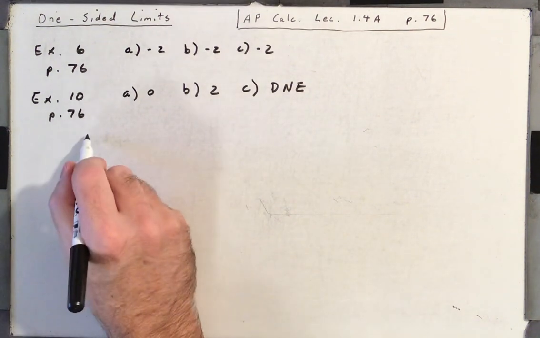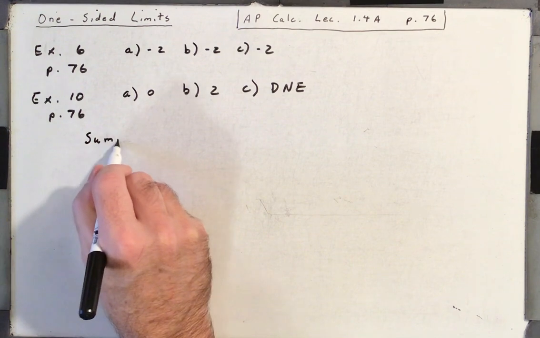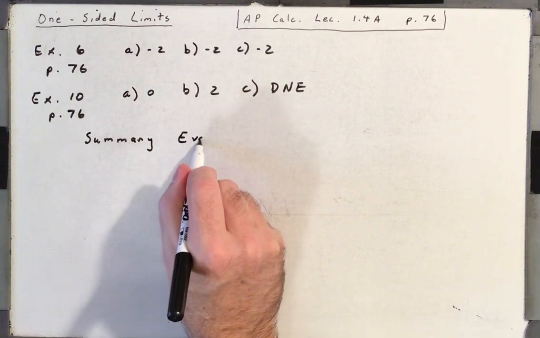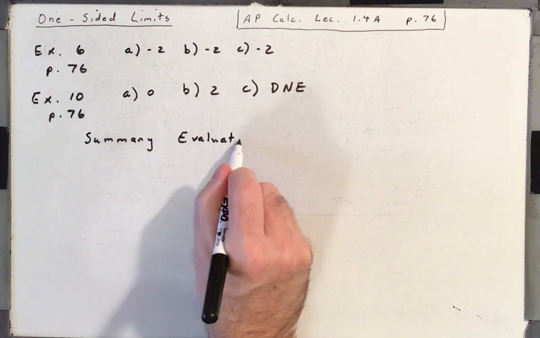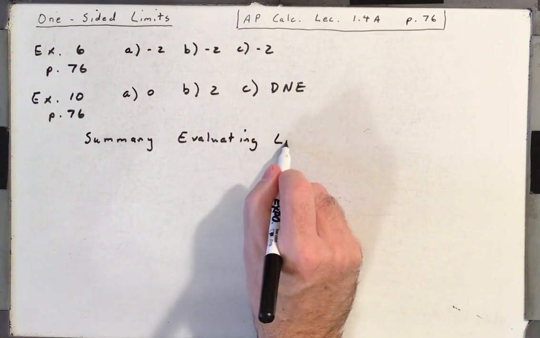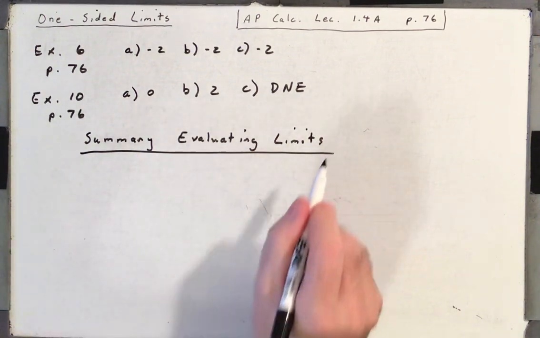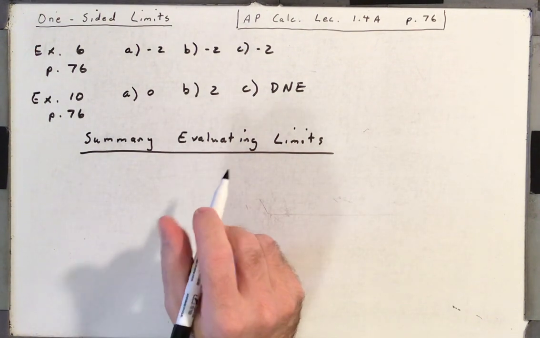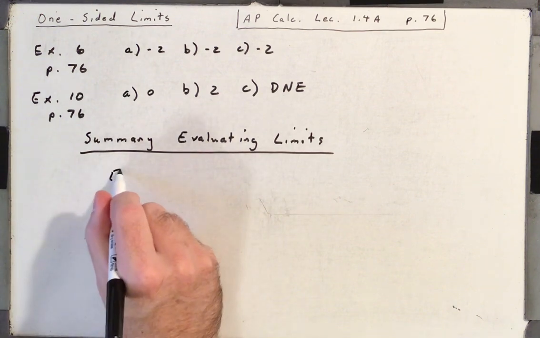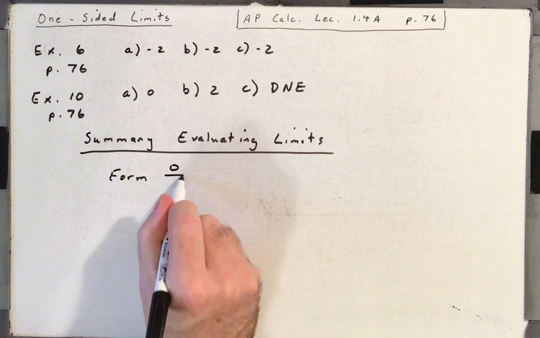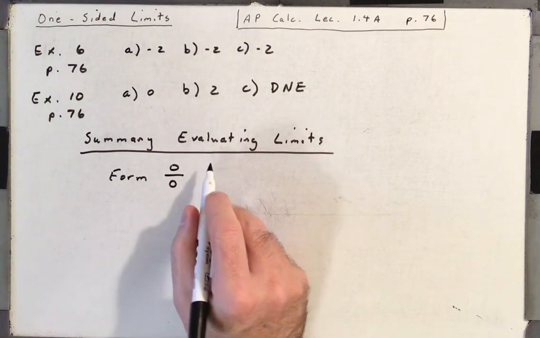So let's do a summary of evaluating limits. What are the possibilities? You can get, when you plug in, the form 0 over 0.